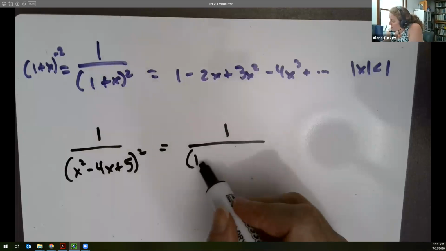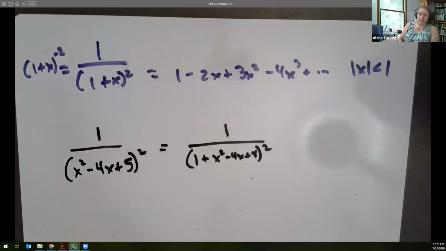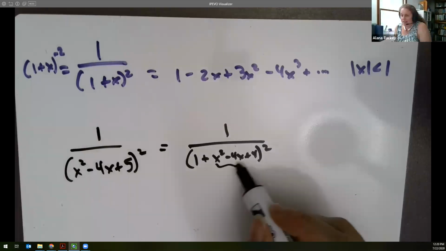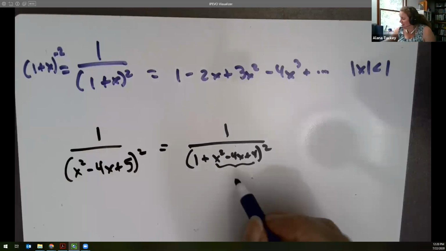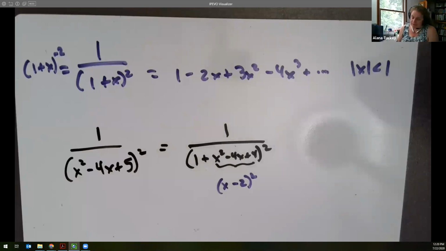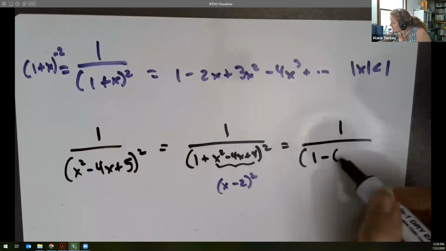So I'm going to make it 1 plus (x squared minus 4x plus 4) squared. I can do that, right? 4 plus 1 makes 5. And then I need to factor this. You'll notice I'm not even using summation notation because I don't need it. So this is (x minus 2) squared. So this is equal to 1 over (1 plus (x minus 2) squared) squared.